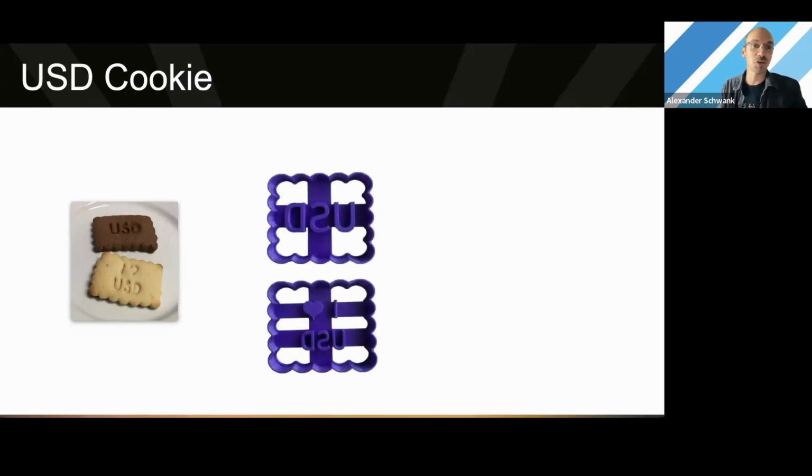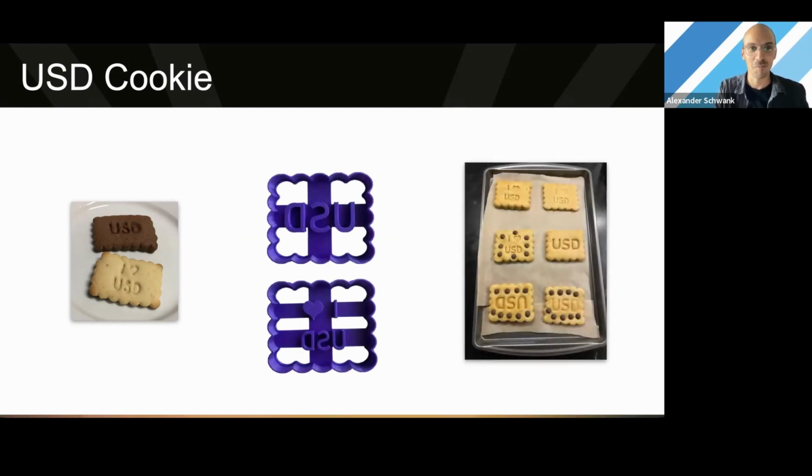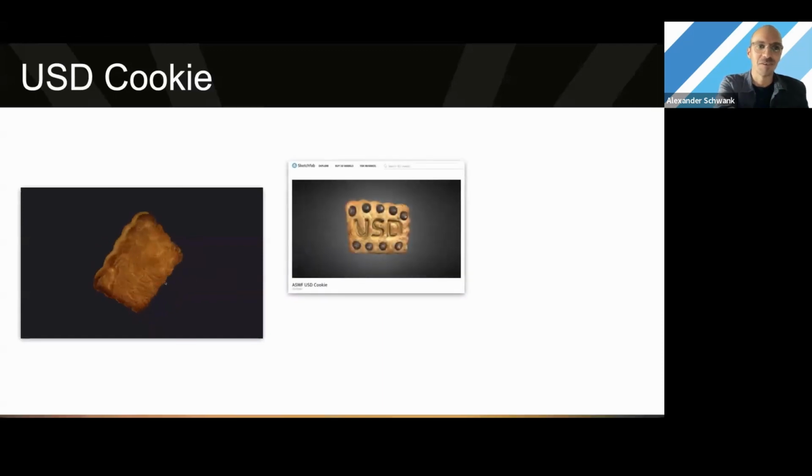So here's a picture from about 5 years ago that we baked at DNEG actually. And over the last half year, we 3D printed new cookie cutters for these USD cookies, and then baked USD cookies in our meetings. But then going back to actual 3D work, we scanned the cookies with Object Capture and created USDZ files, and then uploaded them afterwards to GitHub for people to use in presentations and demos.